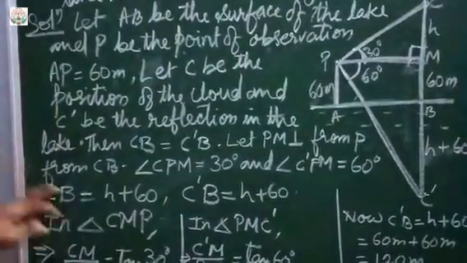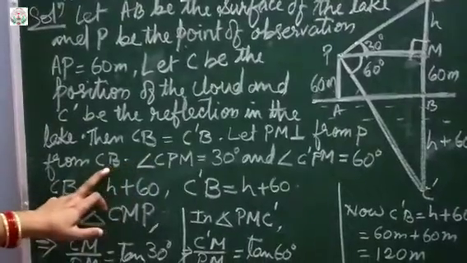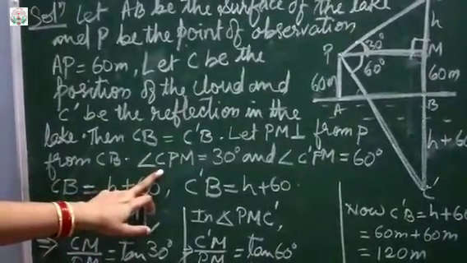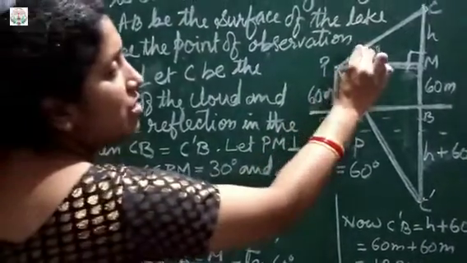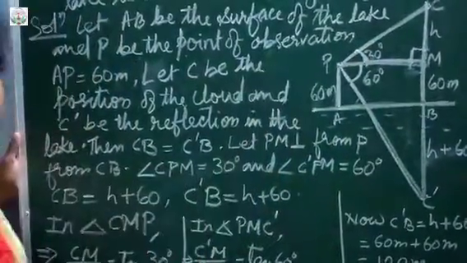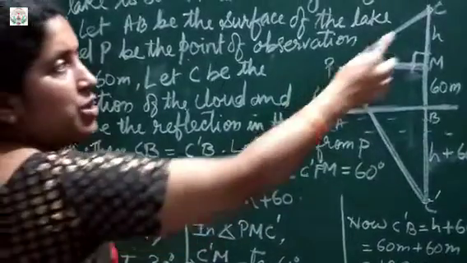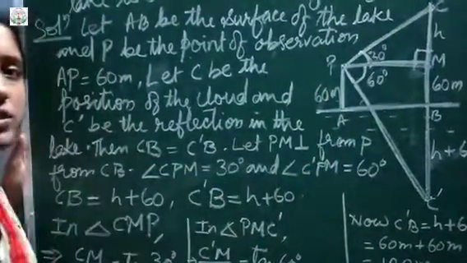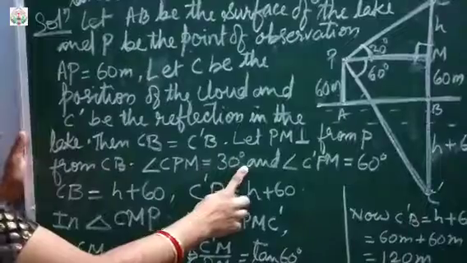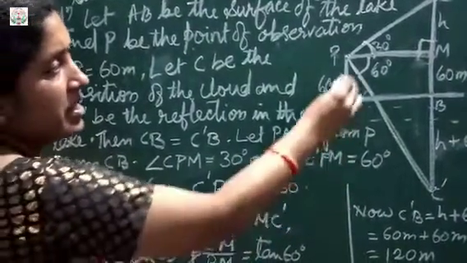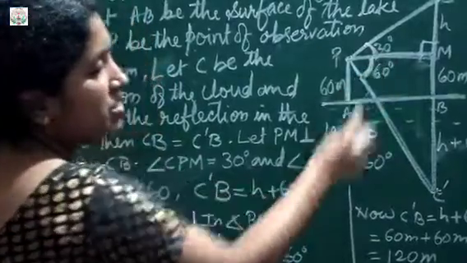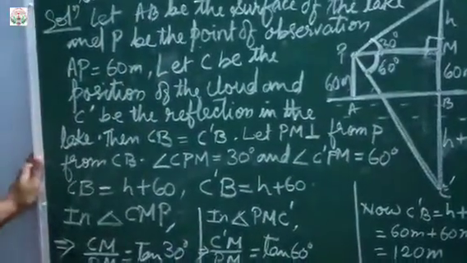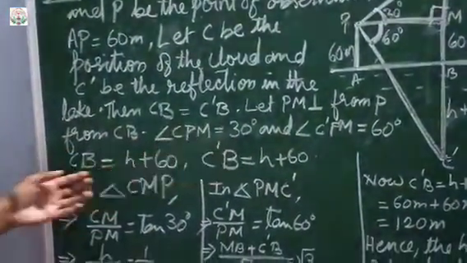Now in the triangle we can see that angle CPM equals 30. This is the angle of elevation made by the observer to the cloud, 30 degrees. And angle C dash PM, this one is how much? 60 degrees. It is given in the question also.